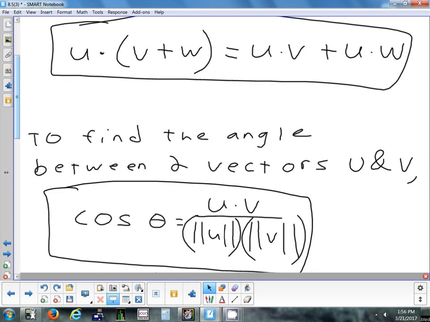So the formula to find the angle between two vectors without going through all the work and using the shortcut is to find the dot product of the two vectors divided by the product of the magnitudes. So you need three things: the dot product, the length of u, and the length of v.